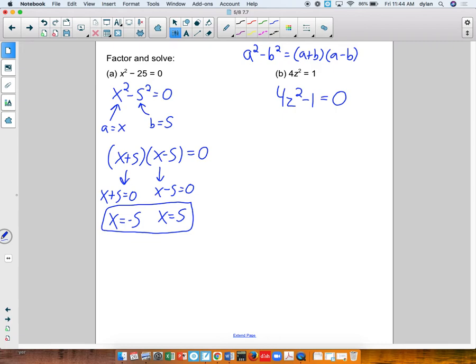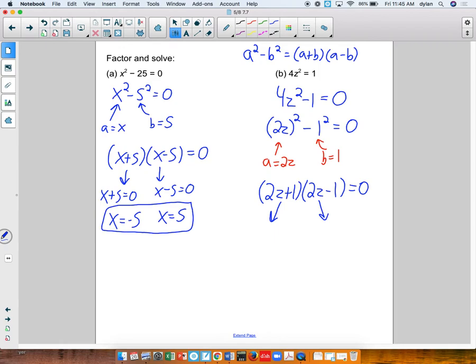So I might rewrite 4z squared as 2z all squared minus 1 squared, just so that I can recognize that in this case my a value is 2z and my b value is 1. So my factors would be 2z plus 1 times 2z minus 1. And then we can use again our zero product property. 2z plus 1 equals 0, 2z minus 1 equals 0.